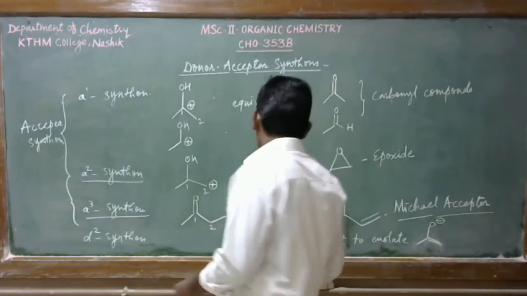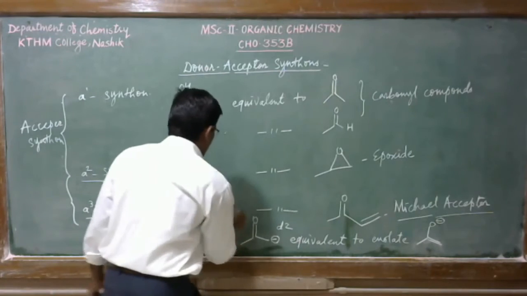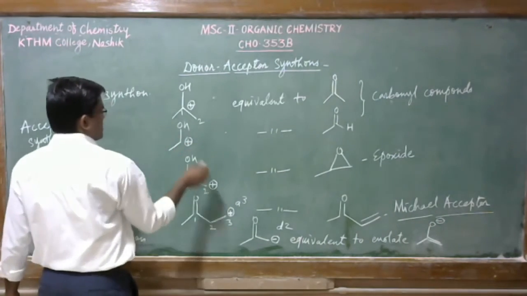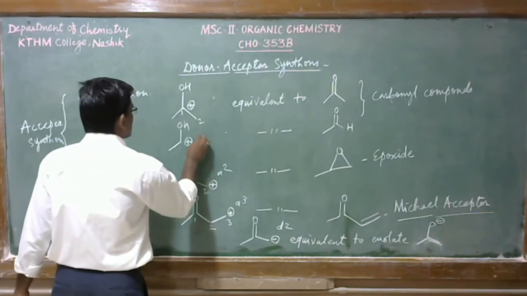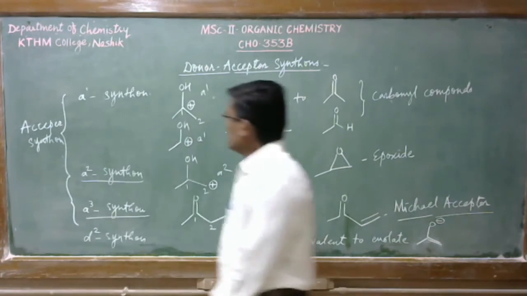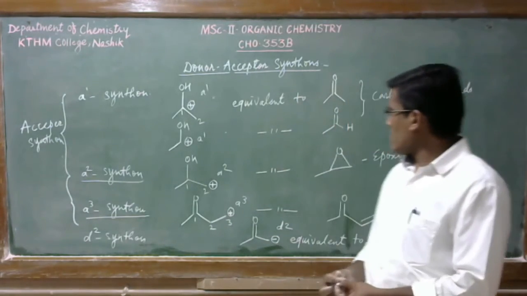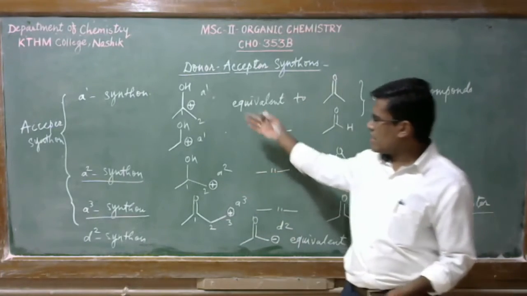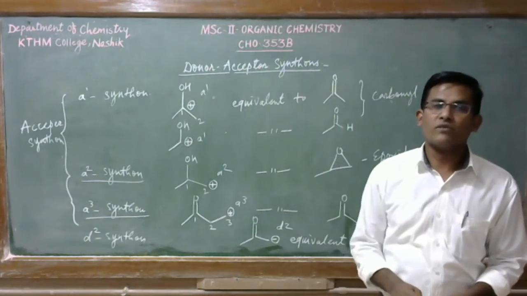So this is the D2 synthon, this is A3, this is A2, and this is A1. So these are the synthons we can classify based on their charge relative to the functional group.